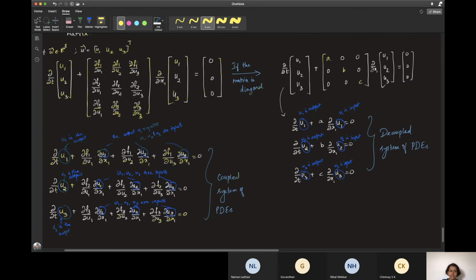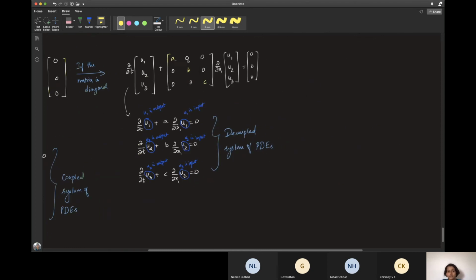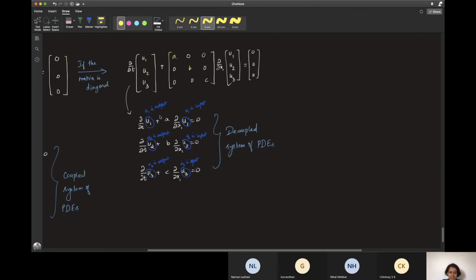So if this matrix is diagonal, then when you write each of these equations separately from this matrix equation, you'll have three such equations wherein you'll have ∂/∂t of u1 plus a into ∂/∂x of u1 equals 0.